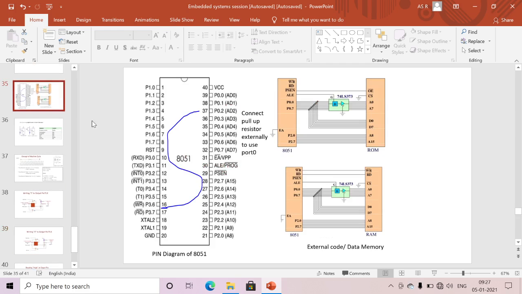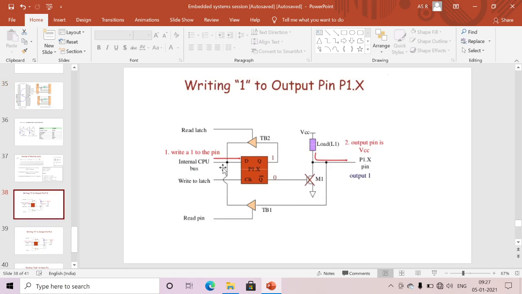Okay, if I am giving logic 1 from the microcontroller, my output voltage is VCC. If I am giving the output pin voltage as 0, my output is 0 volts. Based on our logic, this pin will work upon the logic. If I am writing logic 1, I will get VCC at the output pin.